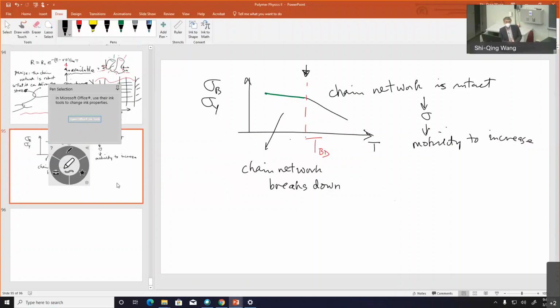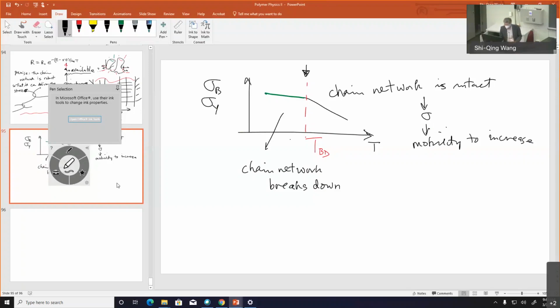Why a polymer can be ductile? Having said what I just said, why your polymer can be ductile? It's because it has a robust chain network. Huh?